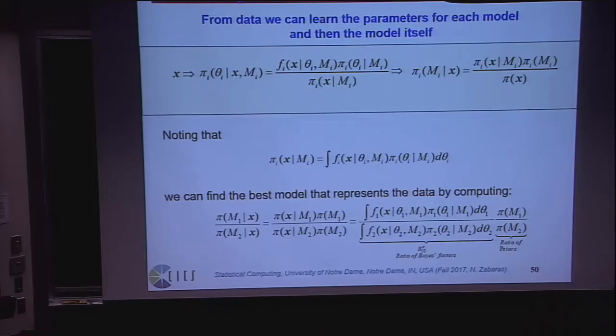All right, so if you want to compare two models, the ratio of the posteriors is this Bayes factor times this ratio of the priors. If it happens that these are 0.5, let's say, you have two models, so this doesn't play a role, and Bayes factors will be what defines which posterior is higher and which model to select.